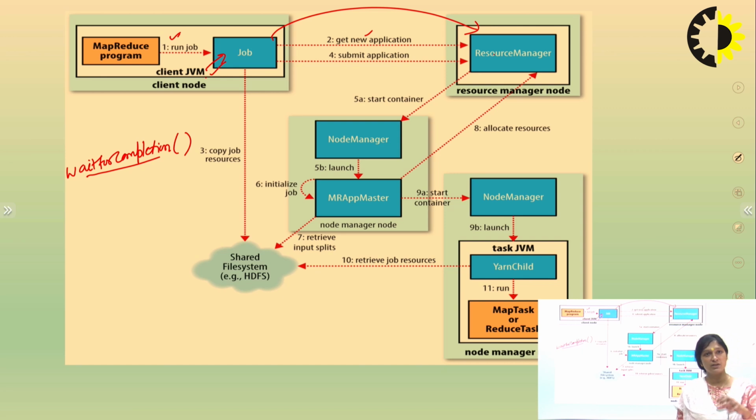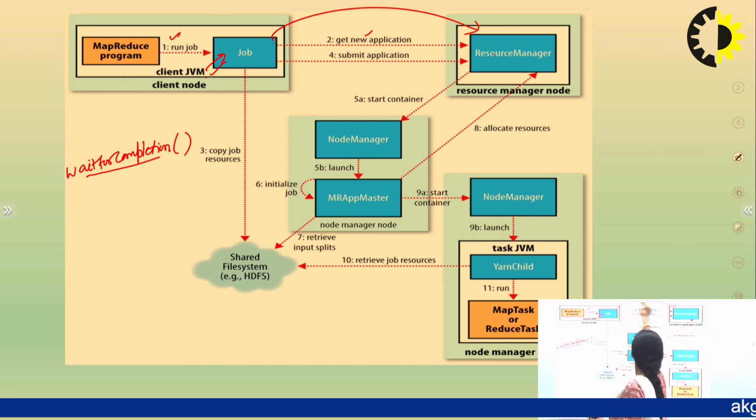First of all, it will check whether the client is authenticated or not. After that, it will provide the ID. This job is connected to the resource manager by using RPC, remote procedure call. The resource manager checks the authentication, and if this client is authenticated, then it will provide the ID to the client.